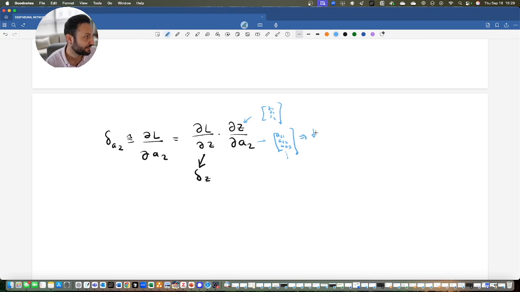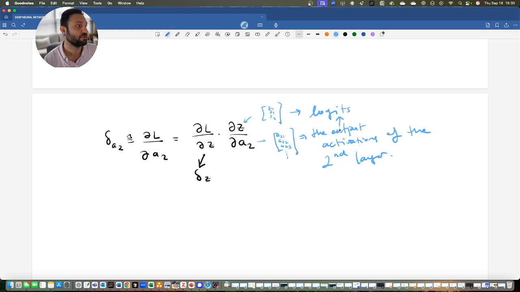This was the output activations of the second layer, and this was the logits, right? I know there's a function that combines the activations to the logits, which is through W3, but now I know this derivative is also a matrix.